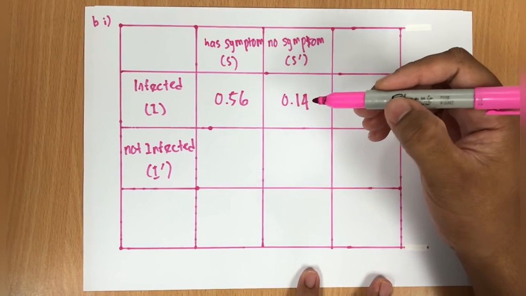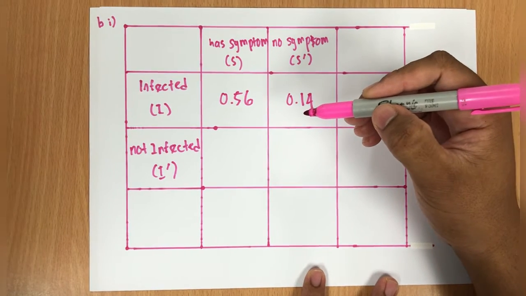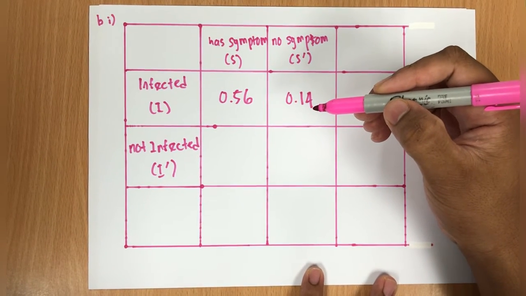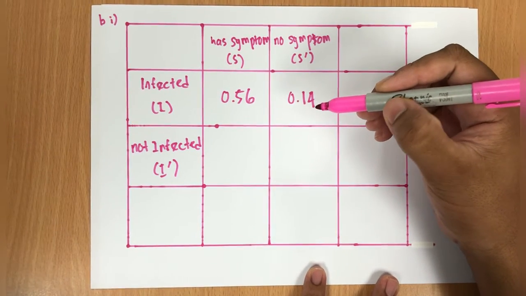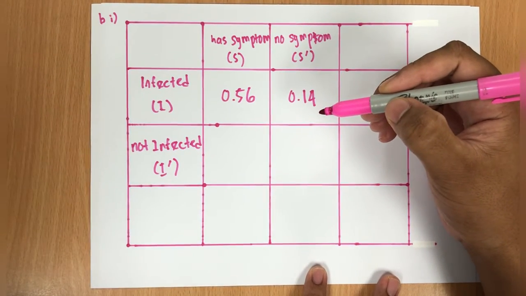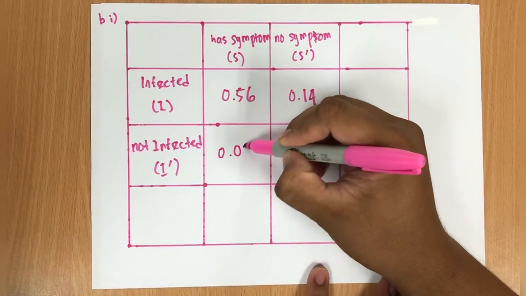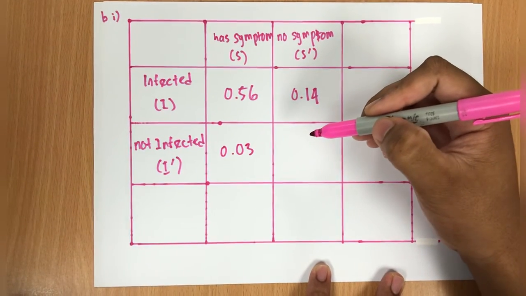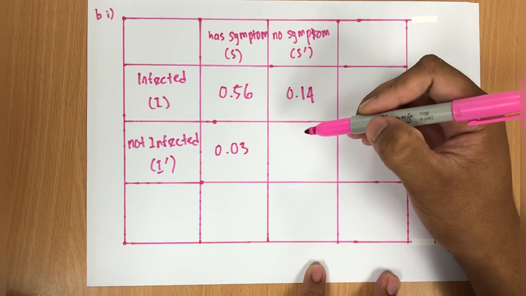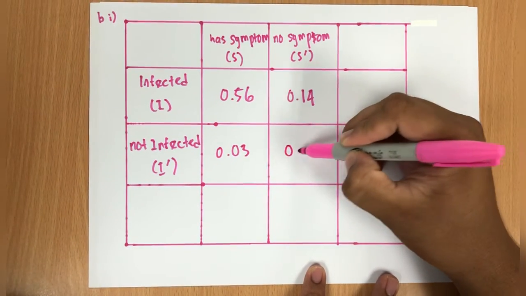We know the probability for infected is 0.7, so we minus 1 with 0.7 to get the probability for not infected. So the probability for not infected and has symptom is 0.03. To get the probability for not infected and no symptom, we minus 0.03 from 0.3, and we get 0.27.